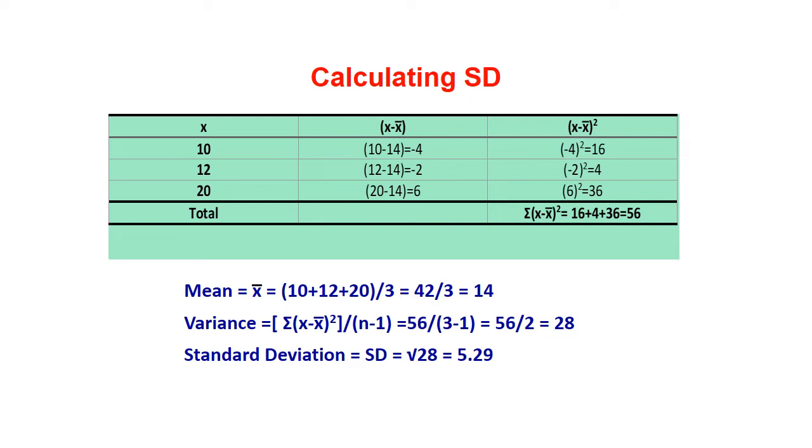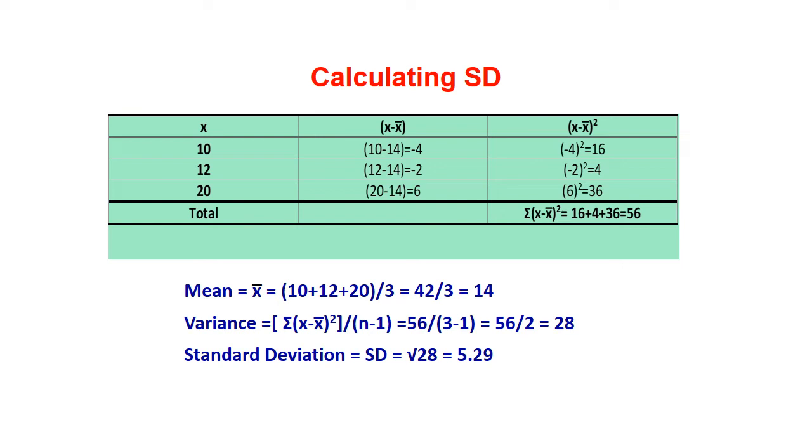Next, you square each of these deviations, so minus 4 squared, you get 16, next you get 4, next you get 36, as shown in the third column of the table. Then the next thing is to sum all these squares.